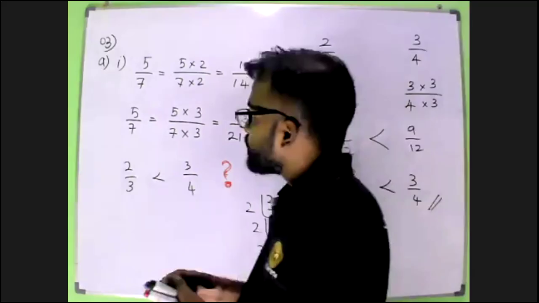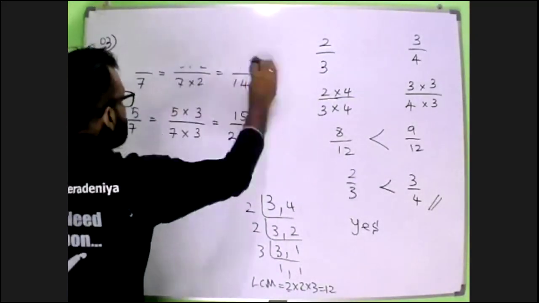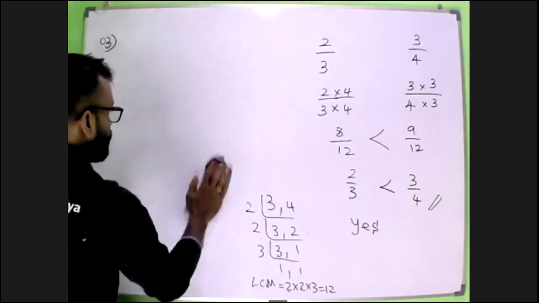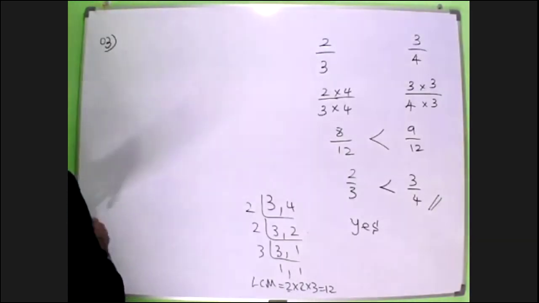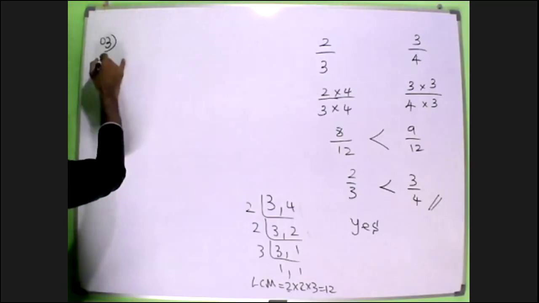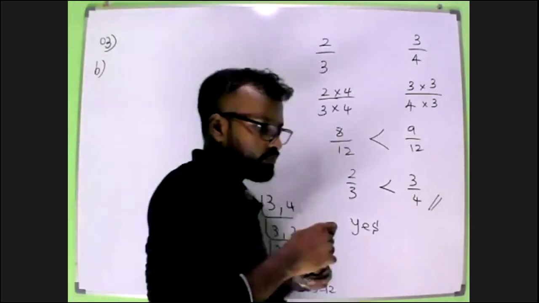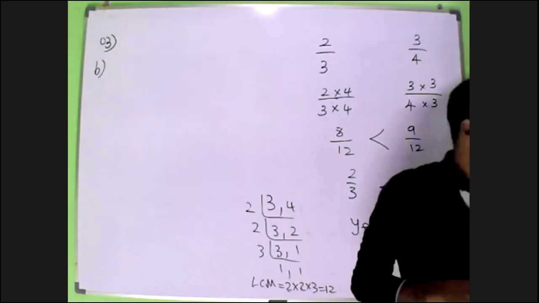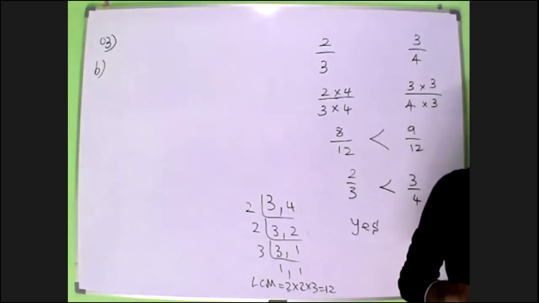Part B. Simplify 3 upon 5 minus 1 upon 10.